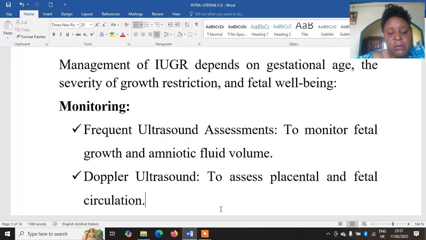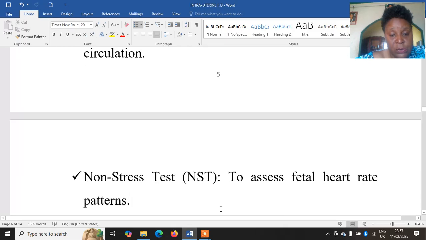We can continue to monitor the fetal heart and then the amniotic fluid volume. And then these results will give us what to do. We shall continue under monitoring to use the Doppler ultrasound to assess placental and fetal saturation.